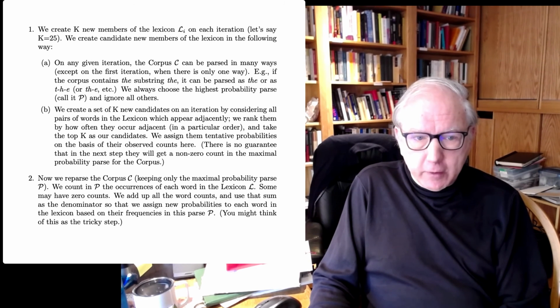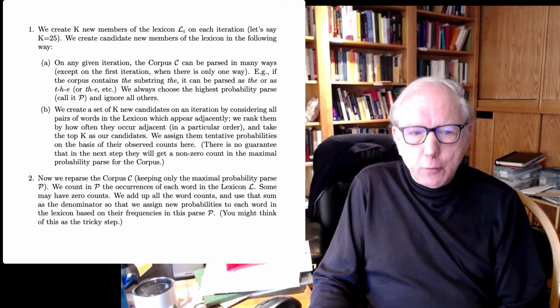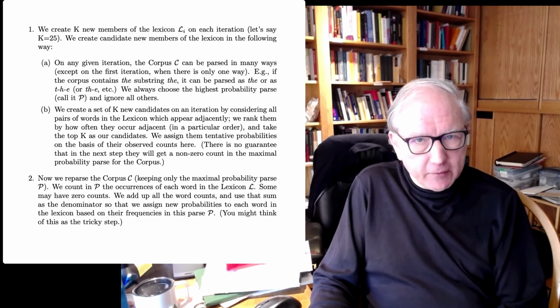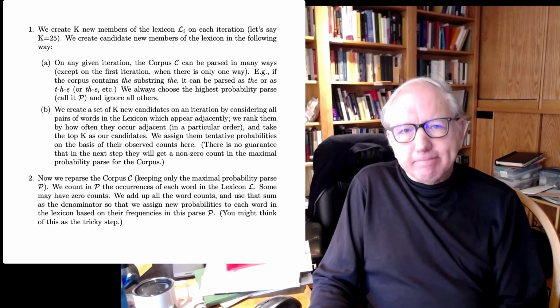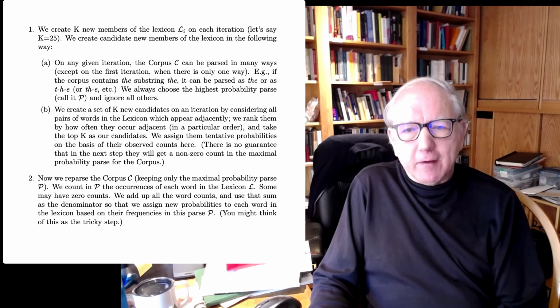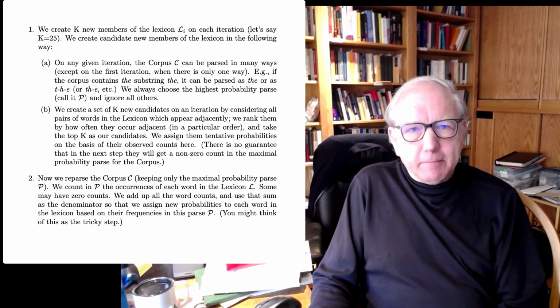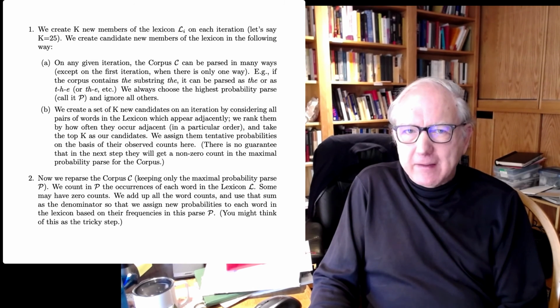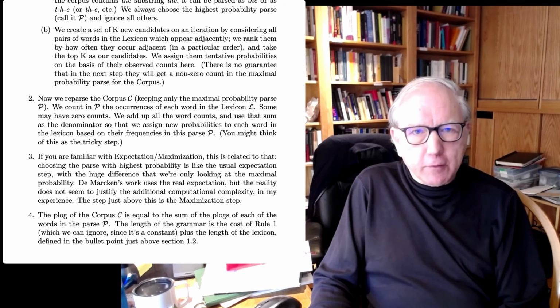We add up all the word counts and use that sum as the denominator so that we assign new probabilities to each word in the lexicon based on their frequencies. Those are counts in the parse P. You might think of this step as somehow the tricky one, but that's a crucial step. You will probably get this better when we look at a particular example of this happening with real words in English.